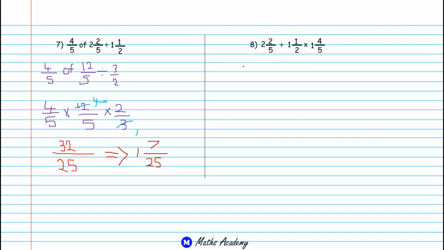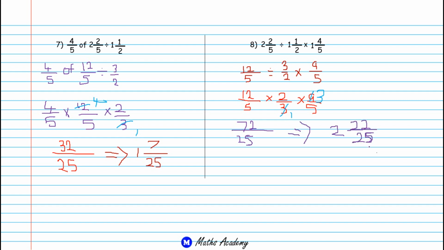So let's do it. So 22 over 25 will be the final answer in mixed fraction form, and 72 over 25 will be the answer in improper fraction form. With that, let's move on to the next question.